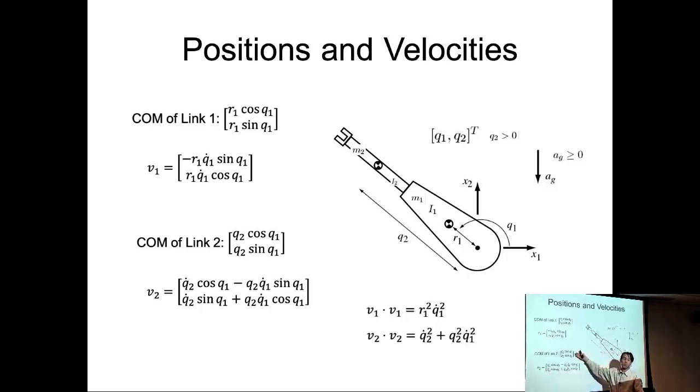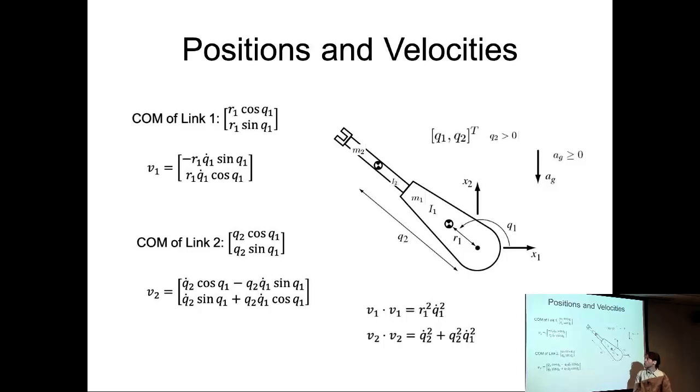Here, not only do you have to remember the chain rule, but also the multiplication rule, because both q2 and q1 are functions of time. So here you can see this is the derivative of this guy times the first, plus the first times the derivative of cosine, and that's where the minus sign comes into play. And similarly for the y velocity on the second rigid body.